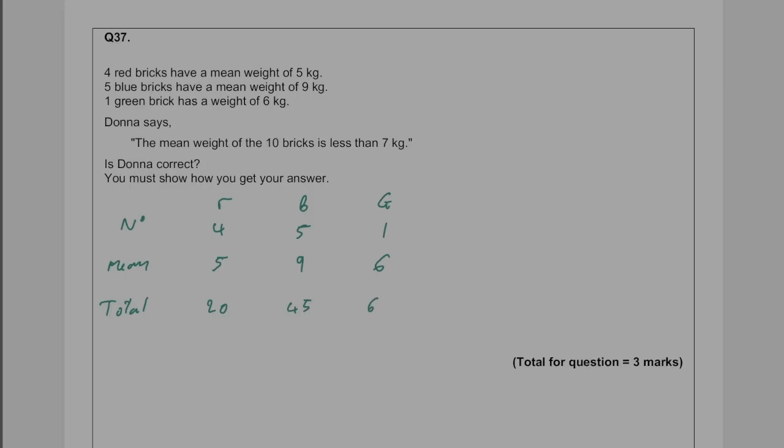So the mean would be equal to 20 plus 45 plus 6, all divided by 10. That's going to give me 71. 71 divided by 10, which would equal 7.1 kilograms. So is Donna right? No. The mean would be 7.1 kilograms.